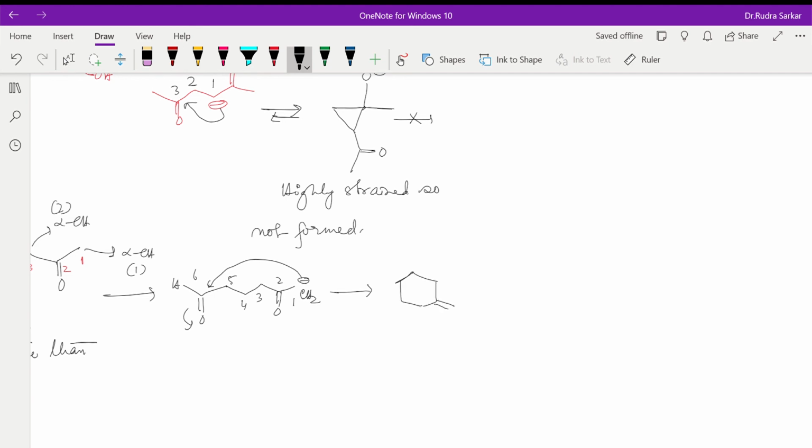Okay, this is my number 1 carbon. This is the O, that means this is my 6th. So 1, 2, 3, 4. This is 5.